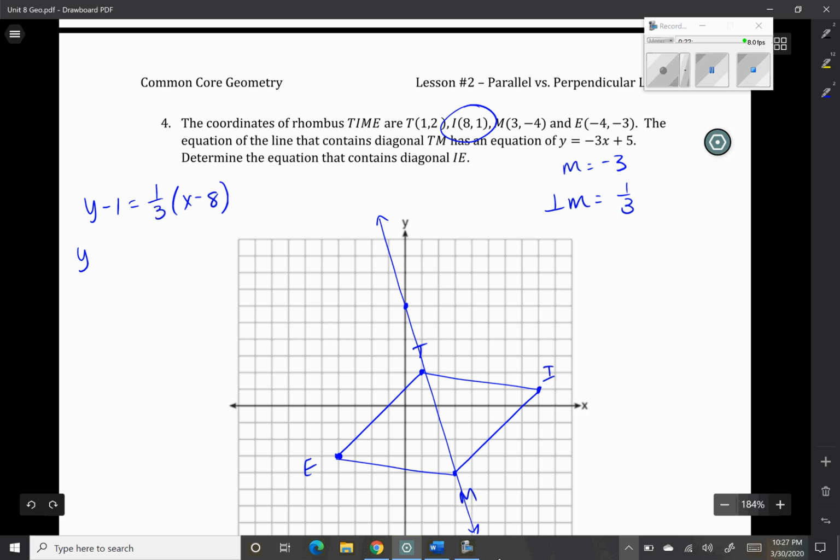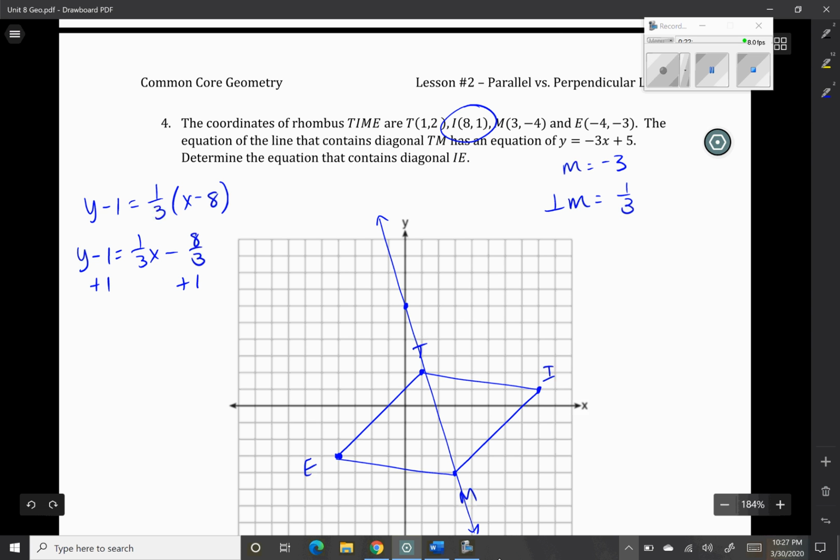If I distribute 1/3, y minus 1 equals 1/3 x minus, if you type 1/3 times -8 into your calculator, it's going to be a decimal. That decimal has to be changed to a fraction because it's not a nice decimal. So if you change it to a fraction, it's going to be 8/3.